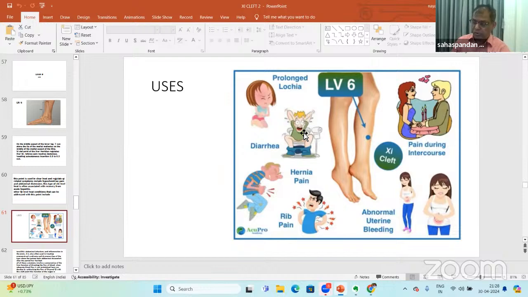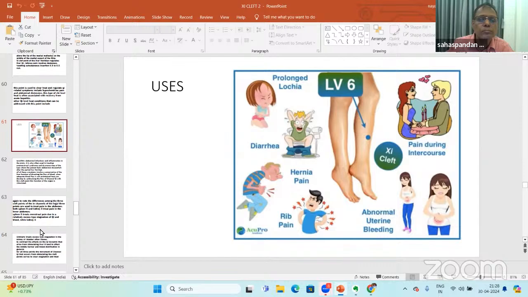Okay, now let us discuss urinary bladder 59. This is the urinary bladder 59.